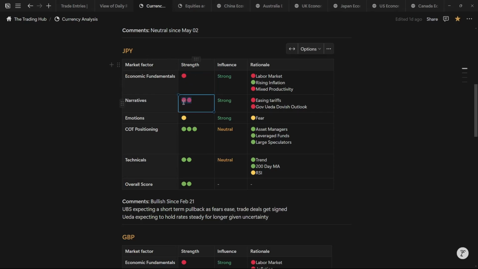The narratives are something that will be very difficult to automate because that's subjective, and then there's how long narratives weigh on price and so forth. At the moment we have easing tariff uncertainty, and Governor Ueda gave a dovish outlook in the BOJ meeting. So narratives for the yen at the moment are negative.